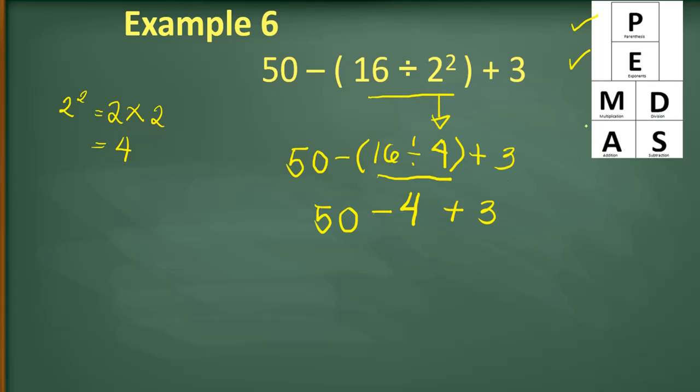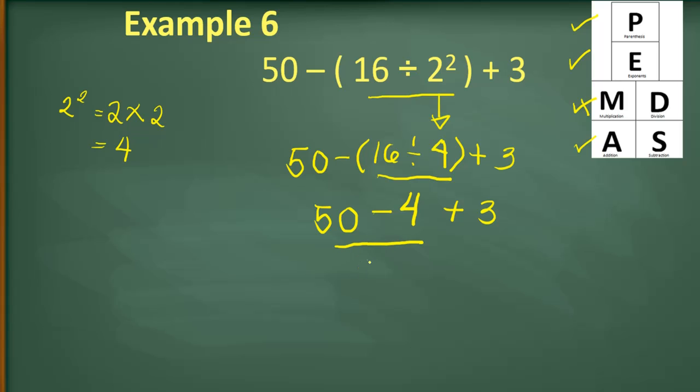Next, do we have multiplication and division? None. How about addition and subtraction? For the last step, as they occur from left to right, which comes first? Is it addition or subtraction? Correct, it is subtraction. So, we must subtract first.